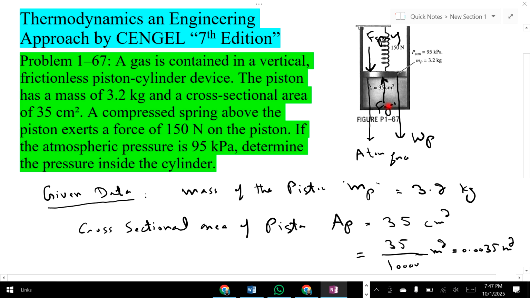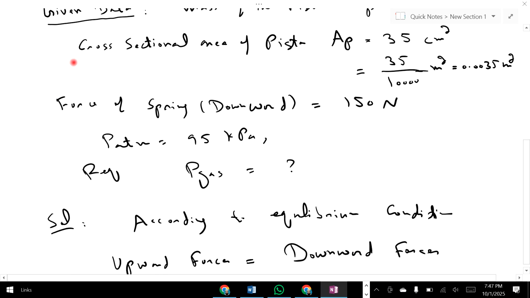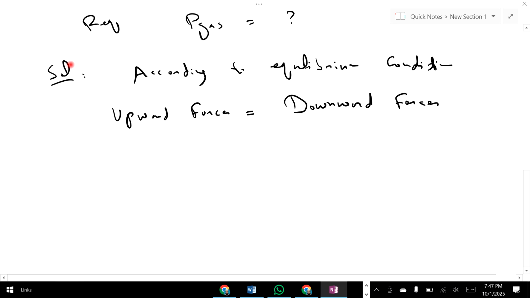Three forces are in downward direction, and one force is in upward direction. And this one force will balance the three downward forces, so the system will be in equilibrium. So upward force will be equal to downward force. Upward force is force of gas. Force of gas is equal to weight of piston plus spring force plus atmospheric force.